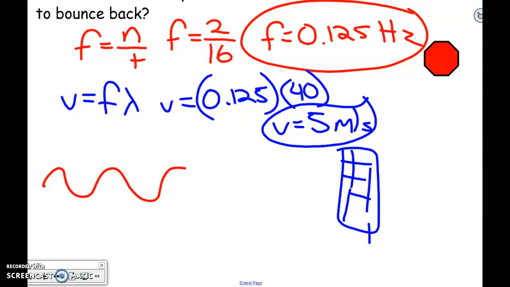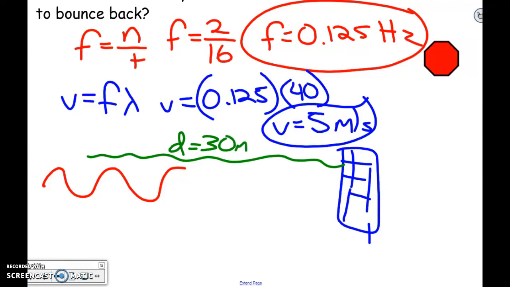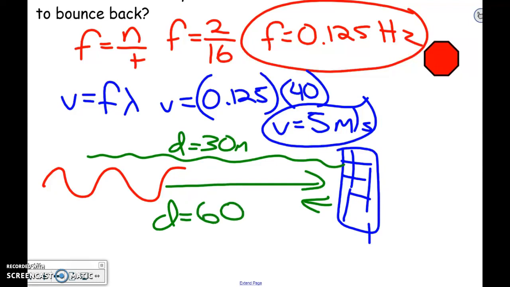They're telling you the distance here is going to be 30 meters. So if you're going one direction and then you come back the other way, your real distance is going to be 60 meters.